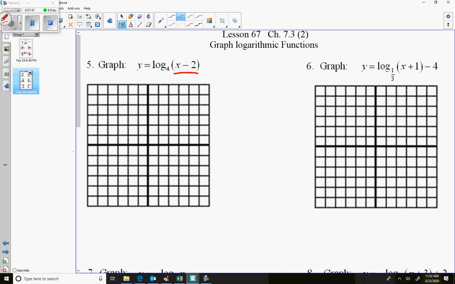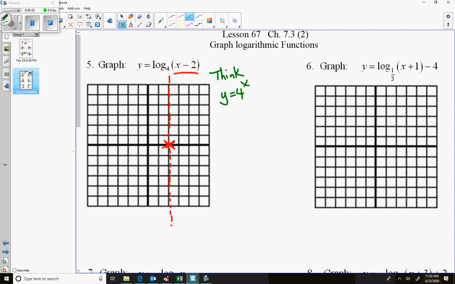That right there would tell us 2 to the right. So go 2 to the right. There's my starting point. From that starting point, I have a vertical asymptote. And then now it is simply the y equals log base 4 graph. So again, I would be thinking about y equals 4 to the power of x to do my exponential, and then I change it to the log graph.